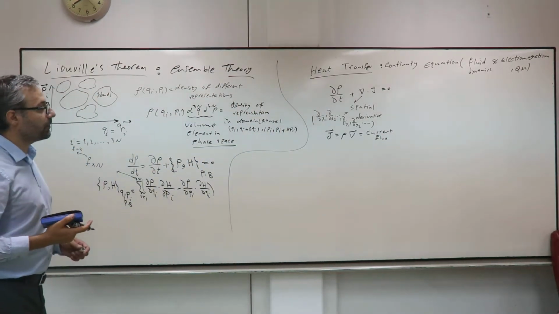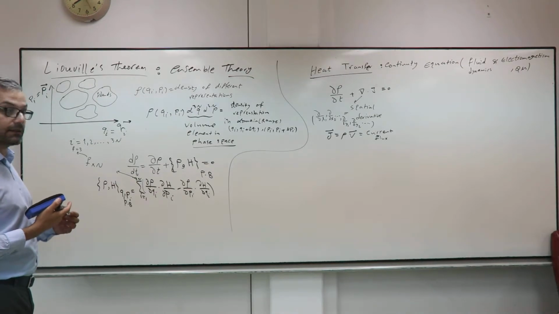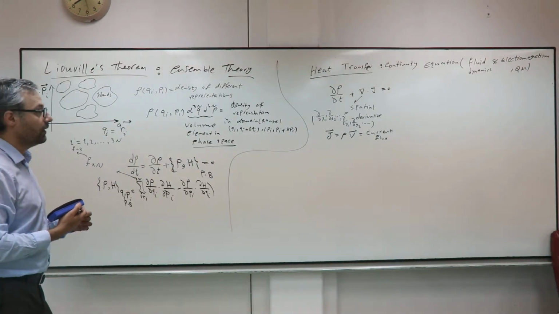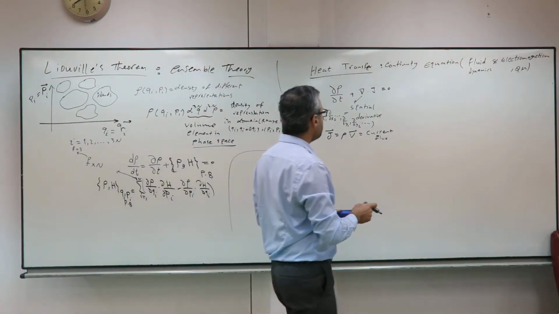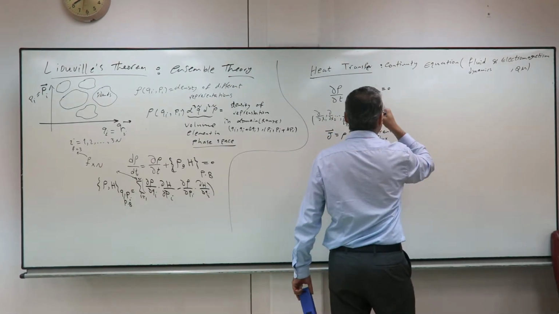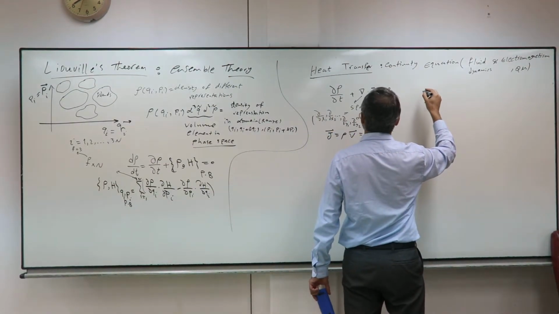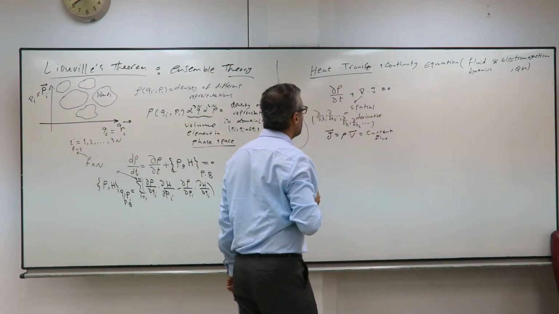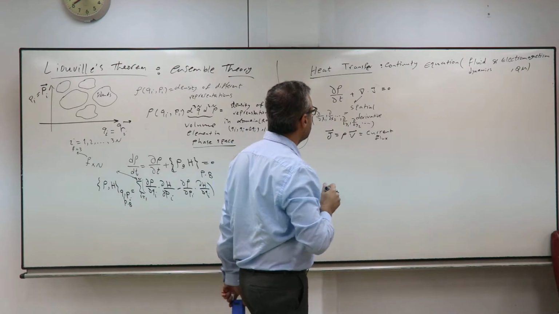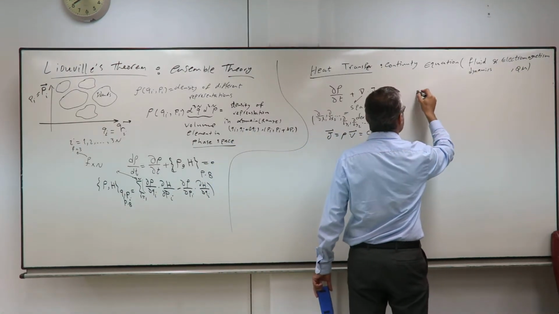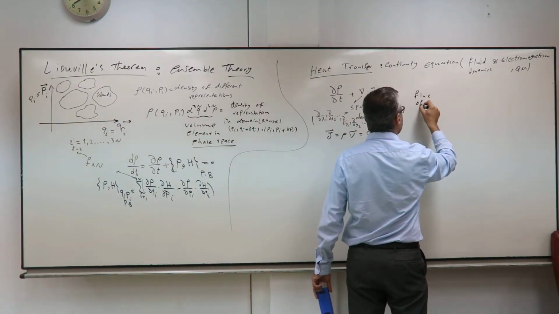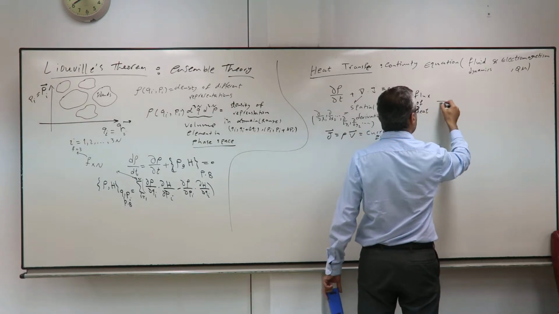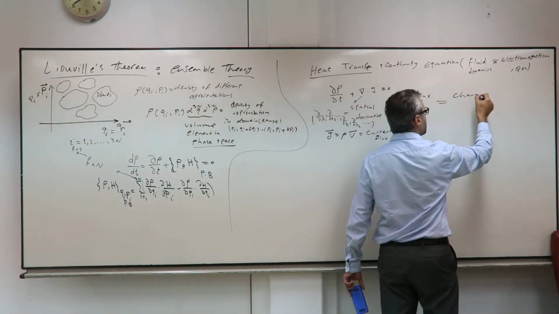If you understand the proof of this theorem, you can easily understand the proof of the Liouville theorem. How do we prove that? In heat transfer, the idea is that the flux of heat is because of the change in the temperature.